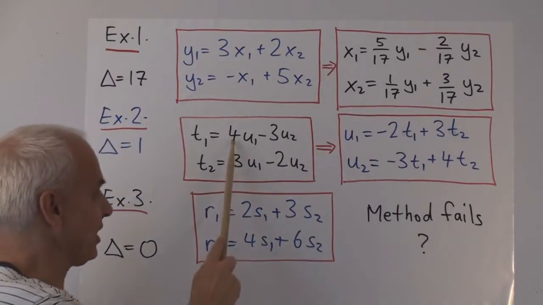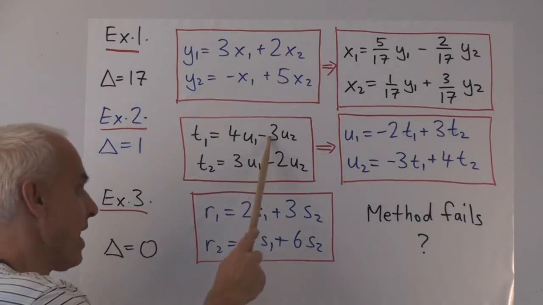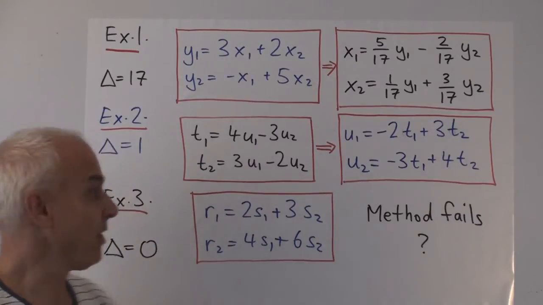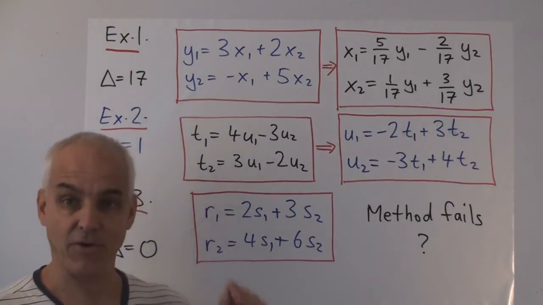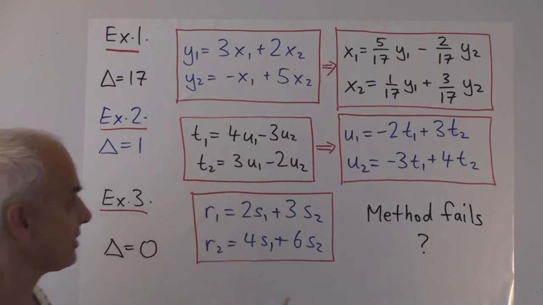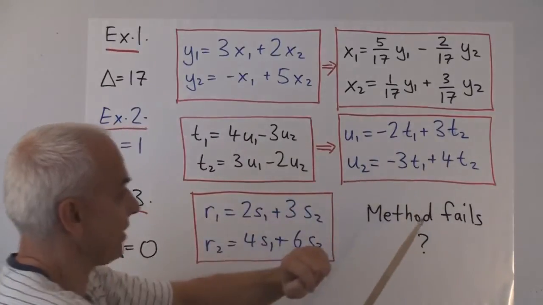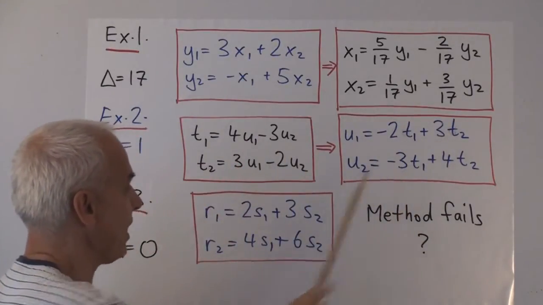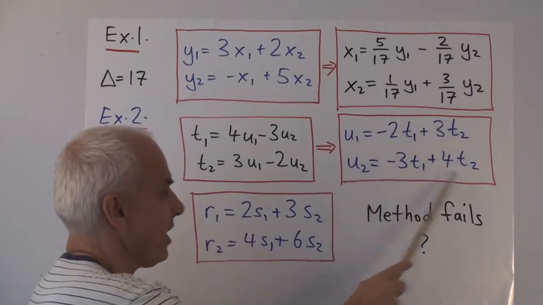In this case, the determinant is 4 times minus 2, which is minus 8, minus 3 times 3. So that's minus 8 plus 9, which is 1. That's very nice because then the denominator is 1 in each case, and we get a relatively simple solution. We get the minus 2 and the 4 interchanged, the diagonal terms. The off-diagonal terms multiplied by minus 1 so become 3 and minus 3. And so there are u1 and u2 in terms of t1 and t2.